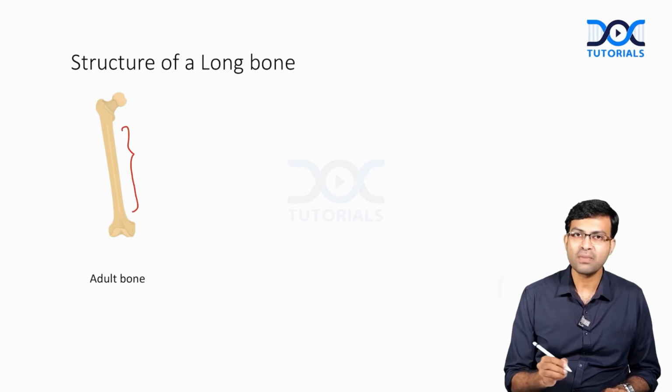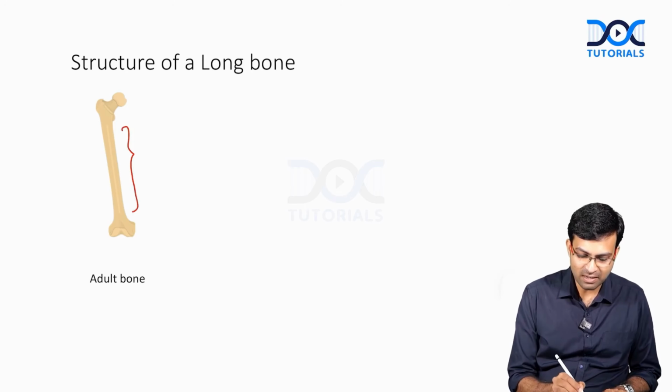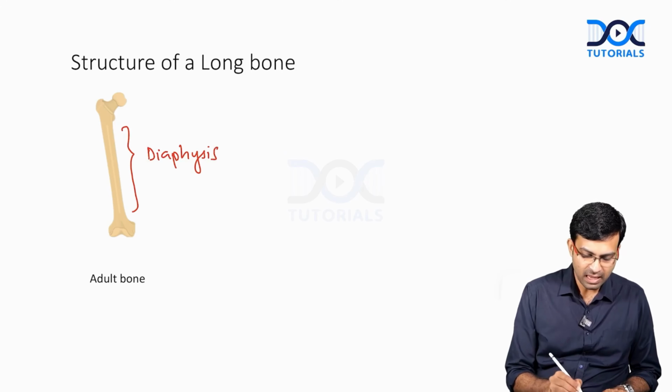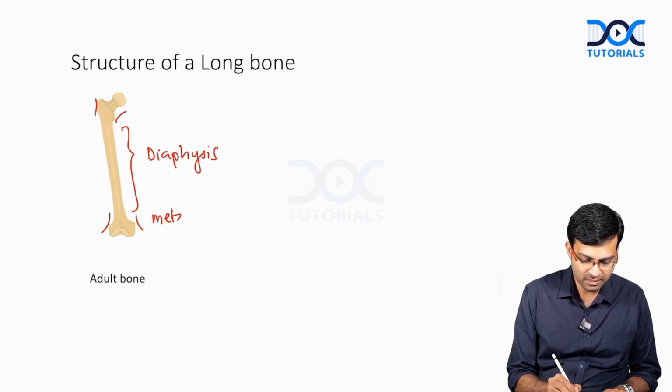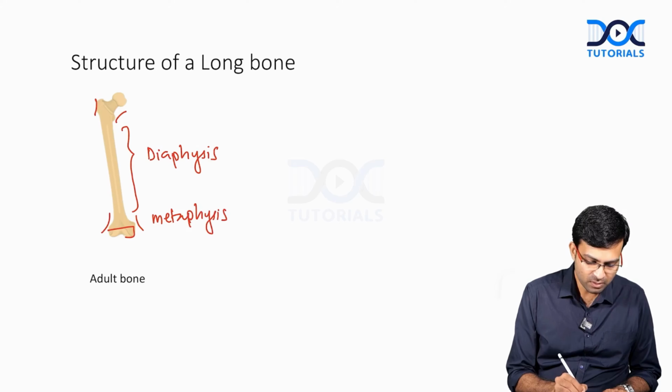The long tubular part of the bone, the central part is called the diaphysis. And this expanded end on both sides are called your metaphysis. And the very ends of the bone, this much part of the bone is what we call as the epiphysis.